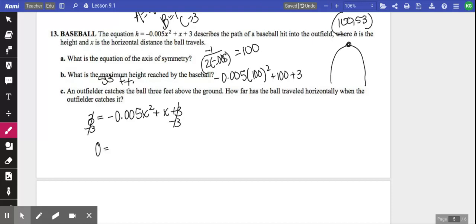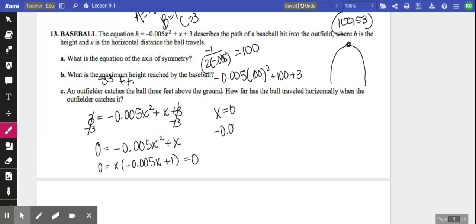So I'm left with 0 equals negative 0.005 x squared plus x. They have a greatest common factor of x. So I set the greatest common factor equal to 0 or the binomial equal to 0. Subtract 1. And then take negative 1 divided by negative 0.005 gives me 200 feet.